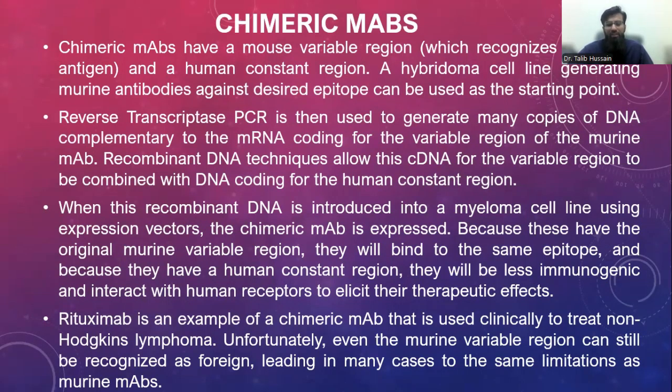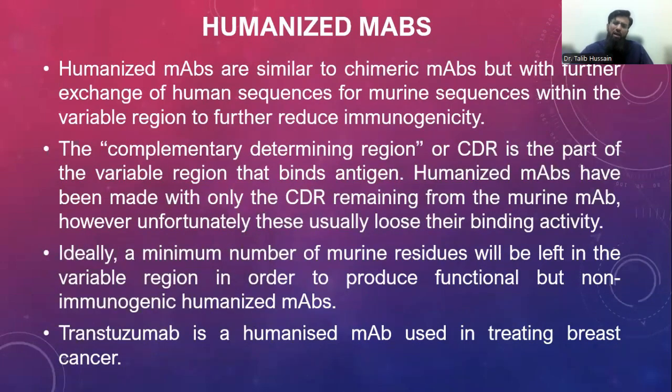But we have seen that when this rituximab was administered to patients to treat this kind of cancer, some immune responses were also generated against these MABs. So only the variable region also initiated some immune response. So we have modified it in a better way, which is known as humanized monoclonal antibodies, humanized MABs.